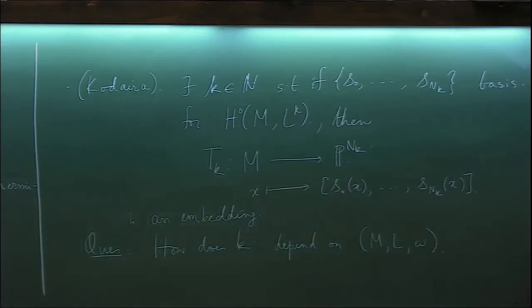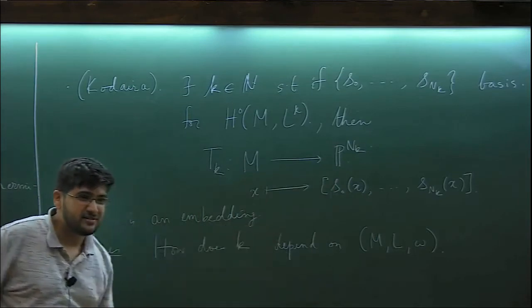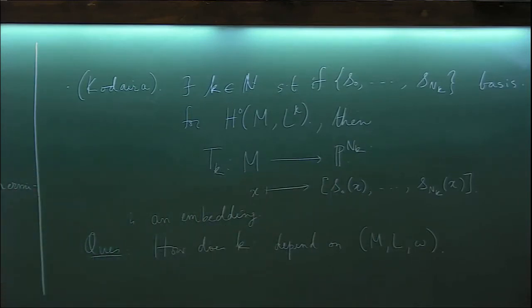Okay, so of course, why would one be interested in something of this sort? So one reason is that mathematicians are always trying to construct moduli spaces. And suppose you want to construct moduli spaces of such polarized Kähler manifolds, which means pairs of Kähler manifolds and an ample line bundle.